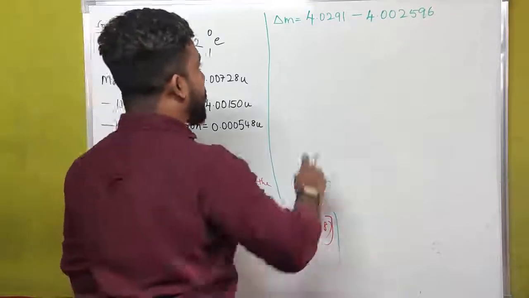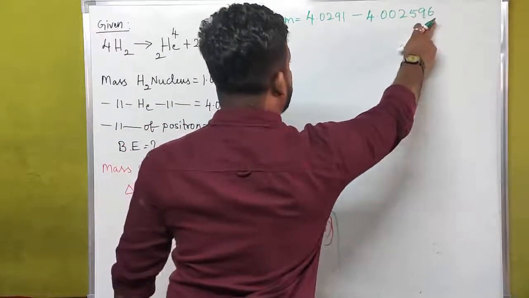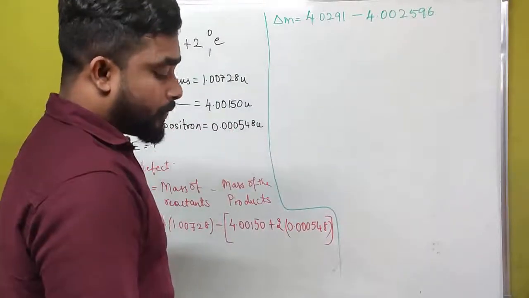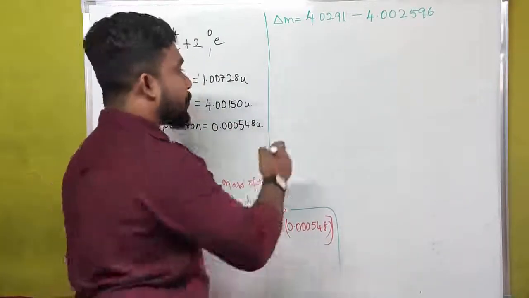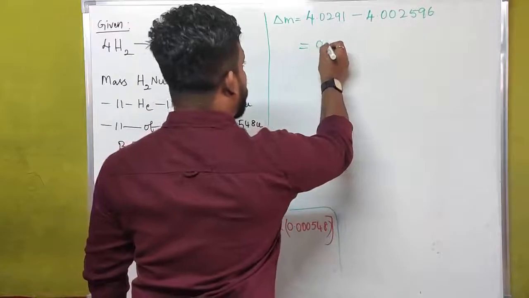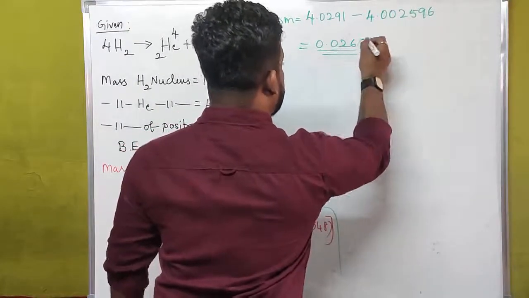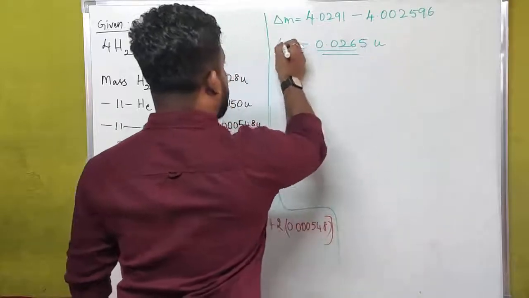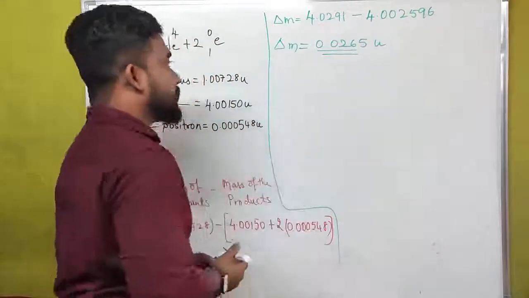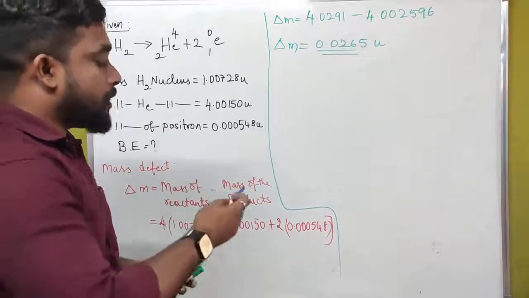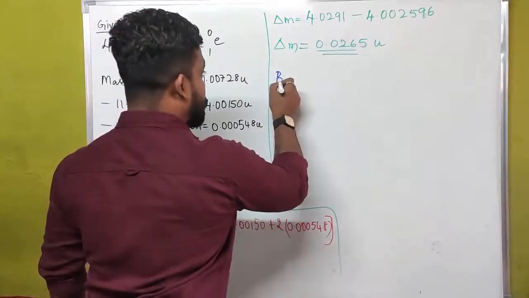If we subtract 4.002596 from 4.0291, we get approximately 0.0265. That is, delta M is equal to 0.0265 units.